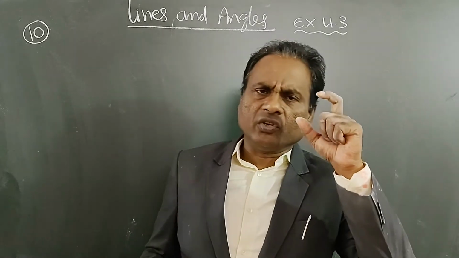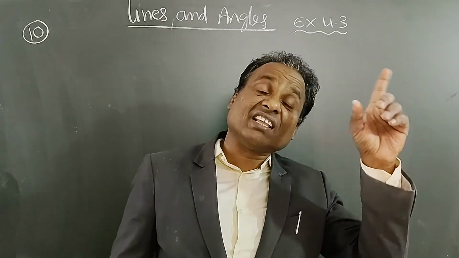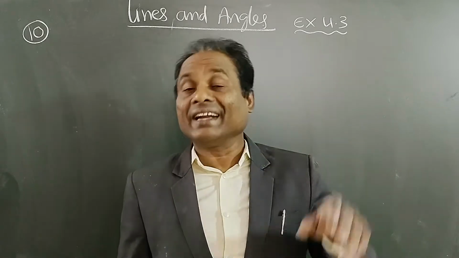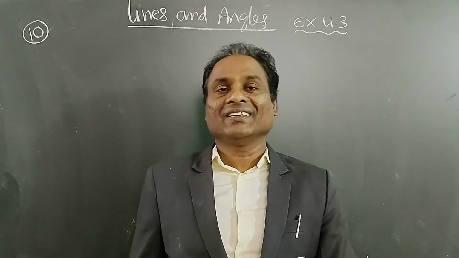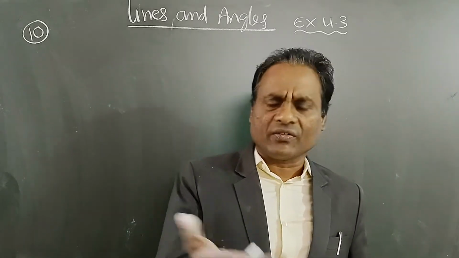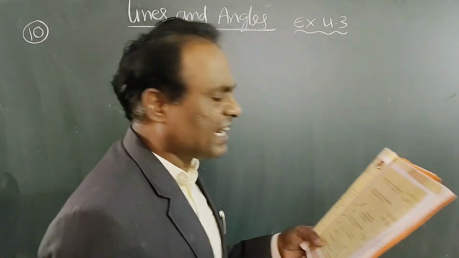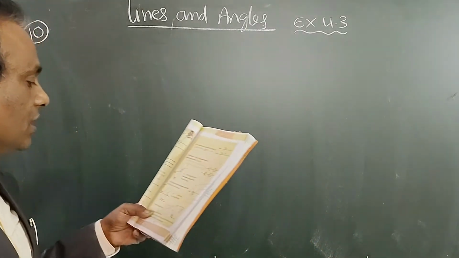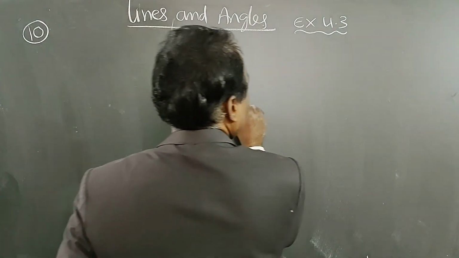You have to decide which are the corresponding angles, which are the alternate angles, and which are the angles on a straight line. If you know these concepts, we can find the unknown angles. So 10th also is the same: you just read the question and draw the diagram.